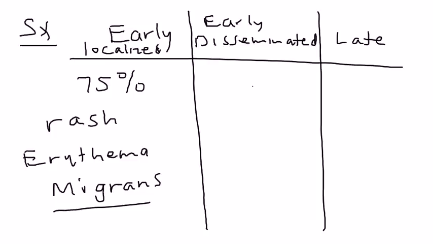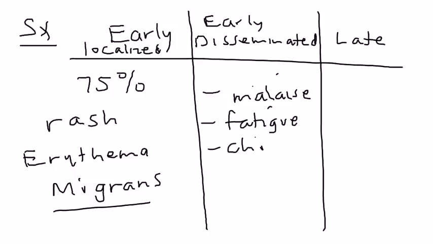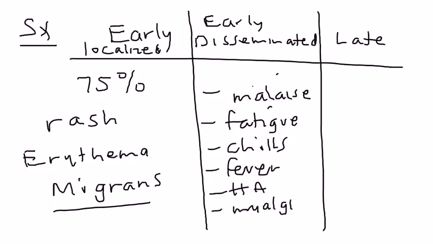Once the organism, that spirochete, disseminates into the bloodstream, you can get systemic symptoms. Those include malaise, fatigue, chills, fever, headache, and myalgias and arthralgias, which in layman's terms are muscle pain and joint pain.